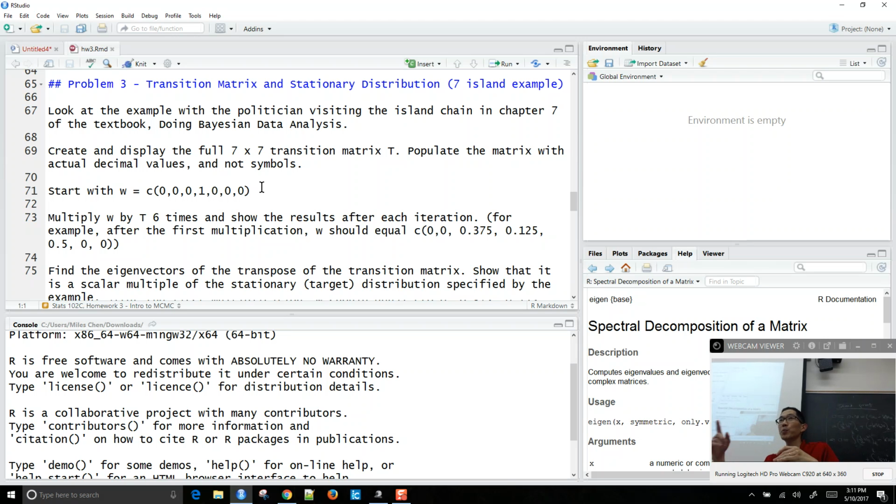If you keep multiplying by the transition matrix, it approaches the stationary distribution, and then you find the stationary distribution, which are the eigenvectors of the transpose of the transition matrix. That's all part of the homework.